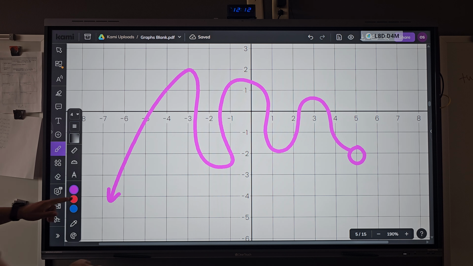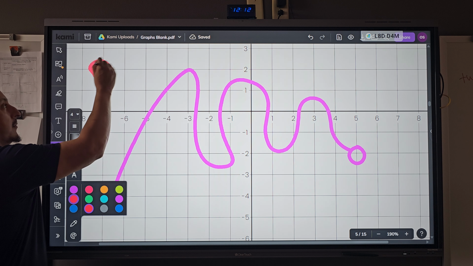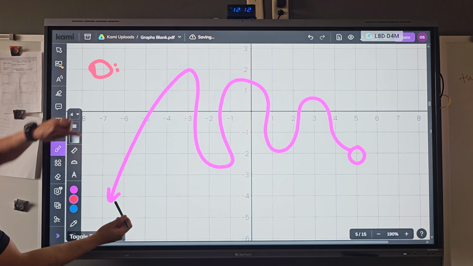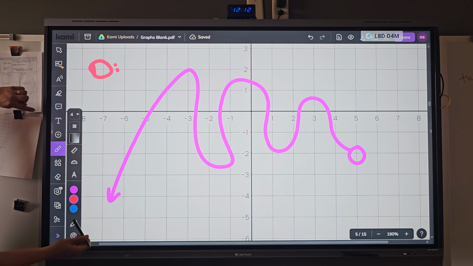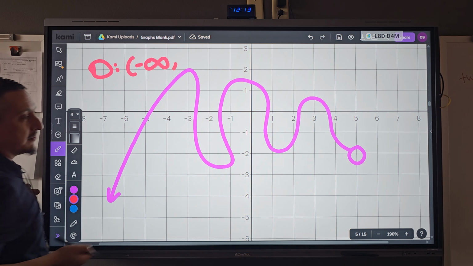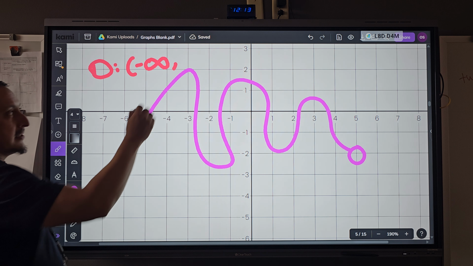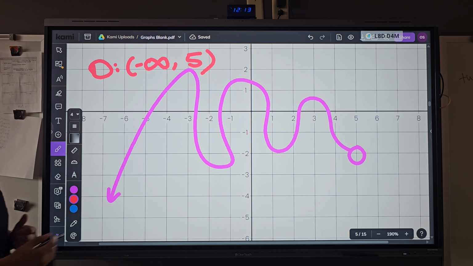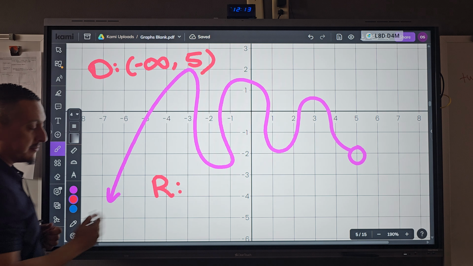Alright guys, so domain. What's the most left x on this? Yes, right, so this goes left, left, left, left, left, so negative infinity. What's the most to the right? Parentheses or bracket? Parentheses, because it's an open dot. Okay. Range, what's the lowest y?